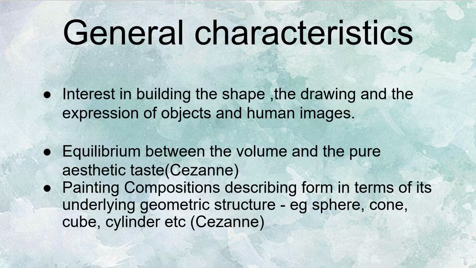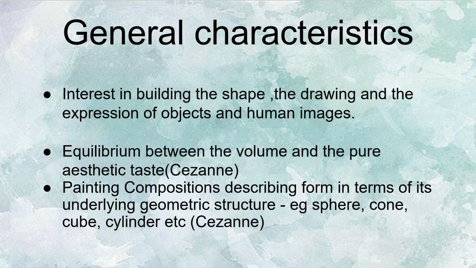So now let's discuss the general characteristics of the paintings and artworks in the Post-Impressionist era. First, interest in building the shape, the drawing, and the expression of object and human images. Equilibrium between the volume and the pure aesthetic taste, which was suggested by Paul Cézanne.